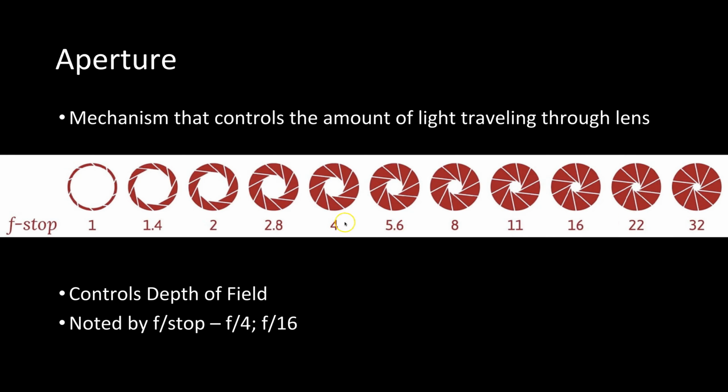So this is kind of like our pupil. It controls the amount of light in the exposure. But the other thing that it does, a very important thing that it does, is it controls our depth of field. Our depth of field is the amount of space in the photograph, in the scene that we're photographing, the amount of that space that's going to be in focus. So, and I'll show you some examples in a few minutes.